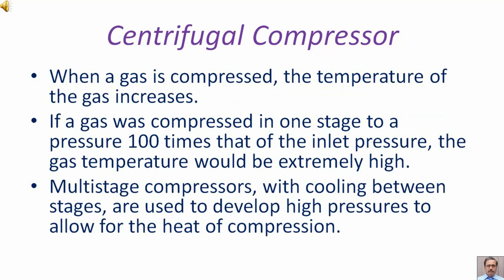If a gas was compressed in one stage to a pressure 100 times that of the inlet pressure, the gas temperature would be extremely high. Multi-stage compressors with cooling between stages are used to develop high pressures to allow for the heat of compression.